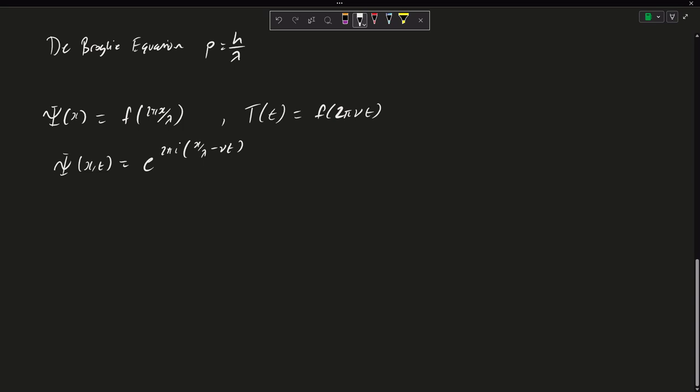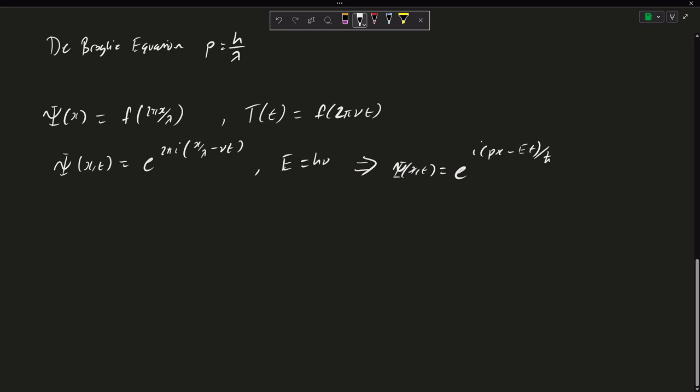Now using Planck's quantization, E equals h nu, we can rewrite this solution in terms of energy and momentum. We get e to the i (px minus Et) over h bar.